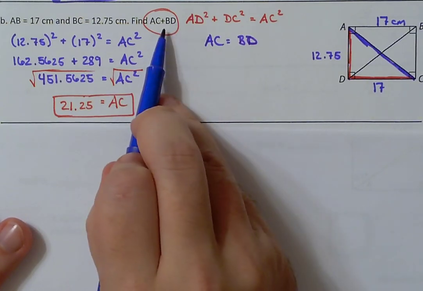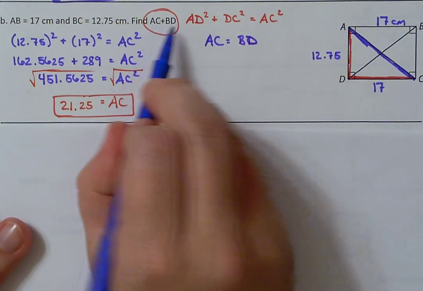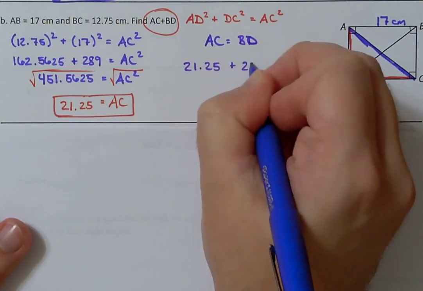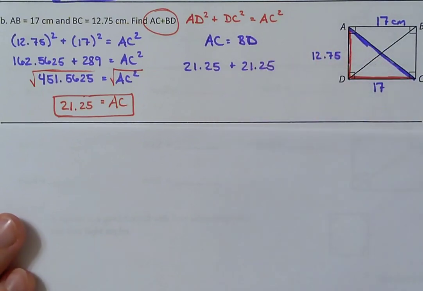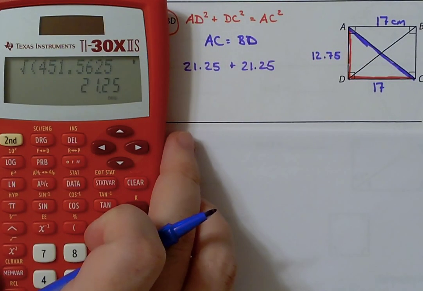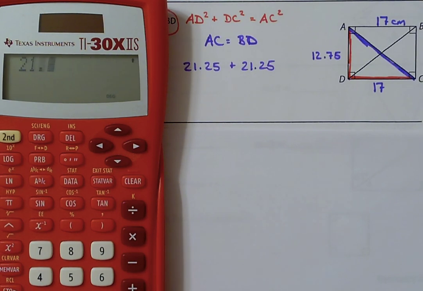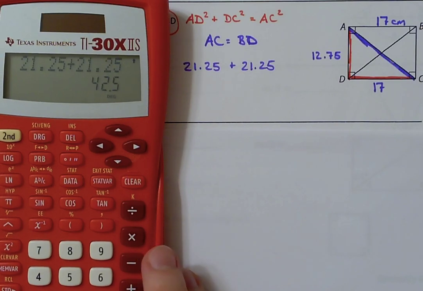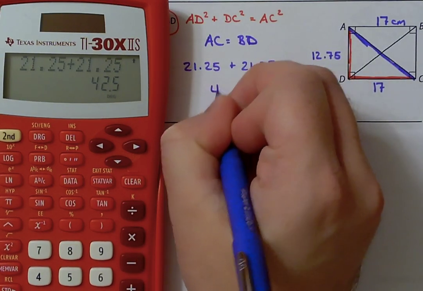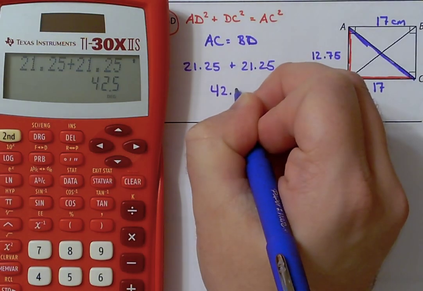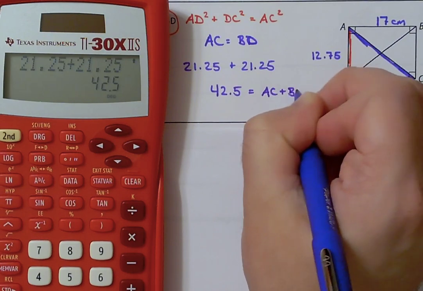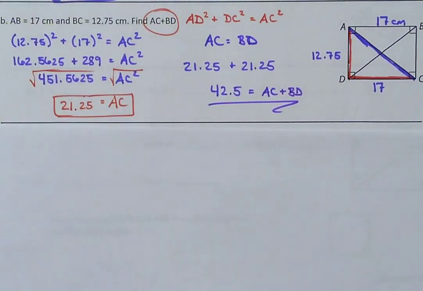And if I want to figure out what AC plus BD is, I'm going to take 21.25 and add it to 21.25. We end up with 42.5 for the value of AC plus BD. And that is our final answer for part B.